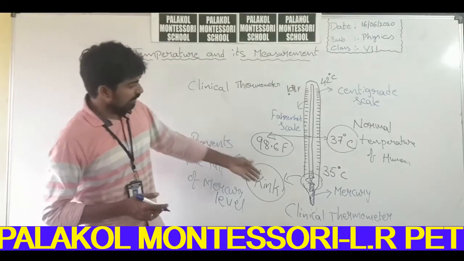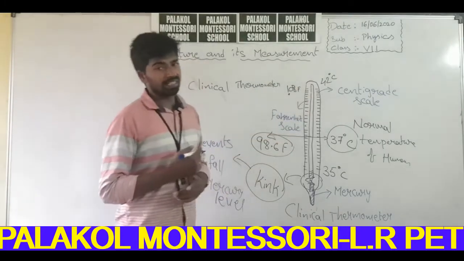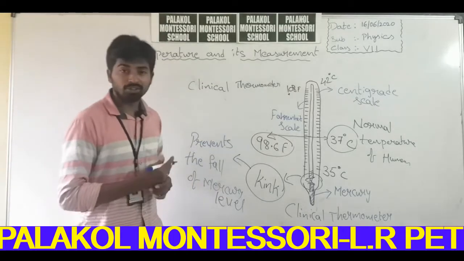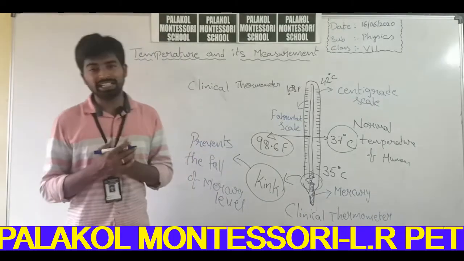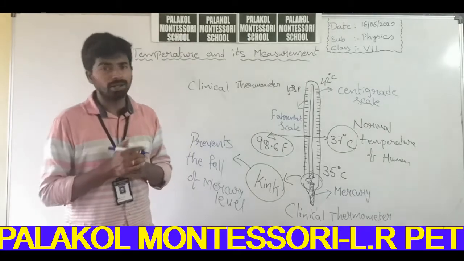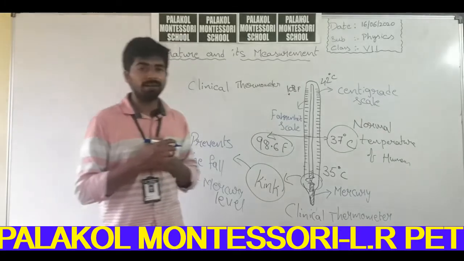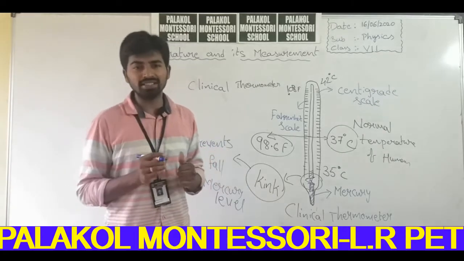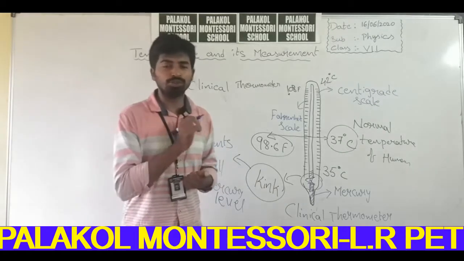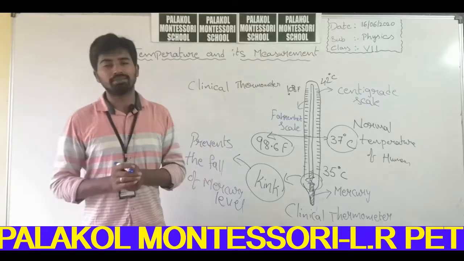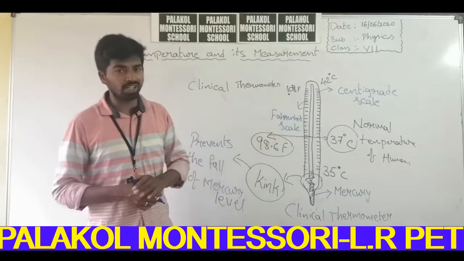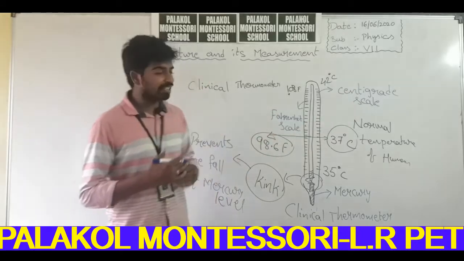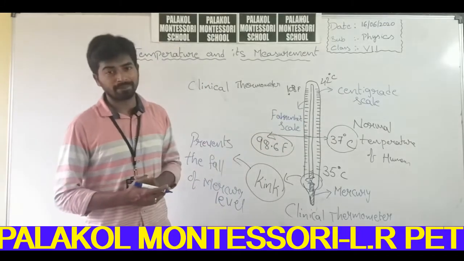So, this is the information about the clinical thermometer. In the examination, if the examiner asks you to write a short note on the clinical thermometer, let us summarize the points we have learned. What is a clinical thermometer? It is a thermometer used to measure human body temperature, and it consists of two scales: the centigrade scale and the Fahrenheit scale.